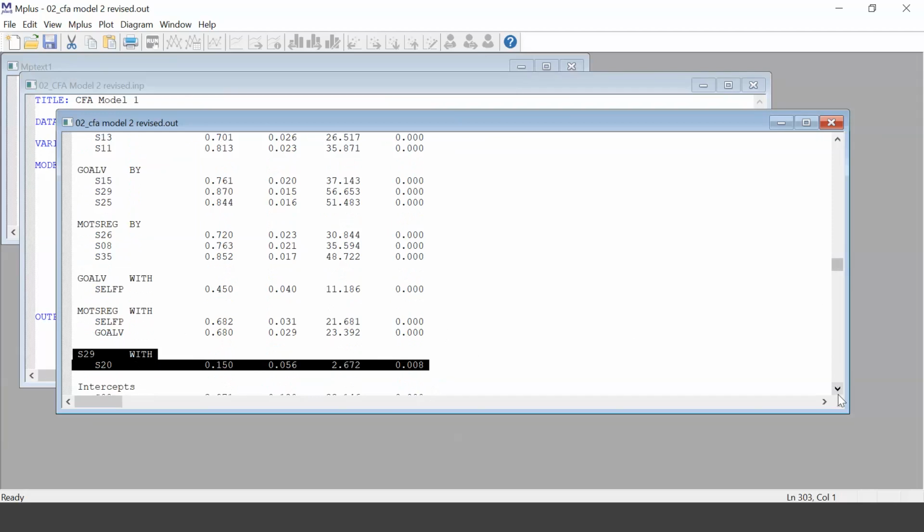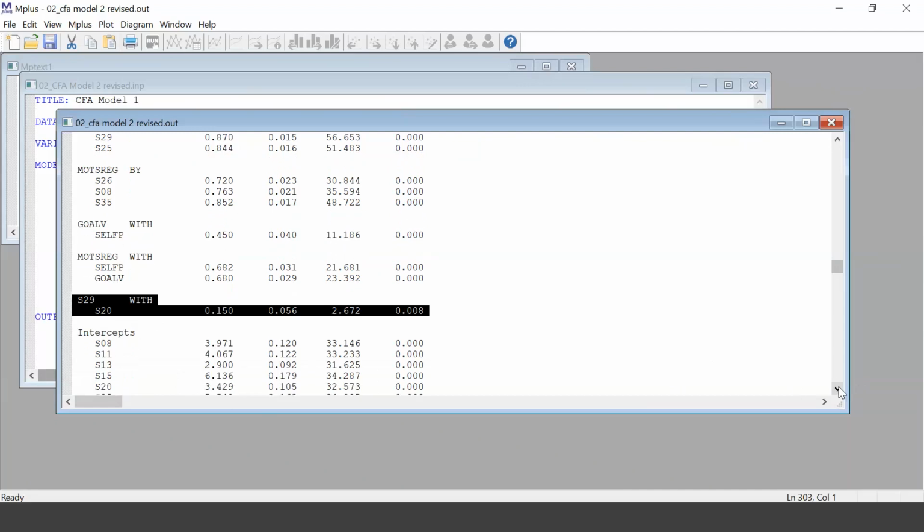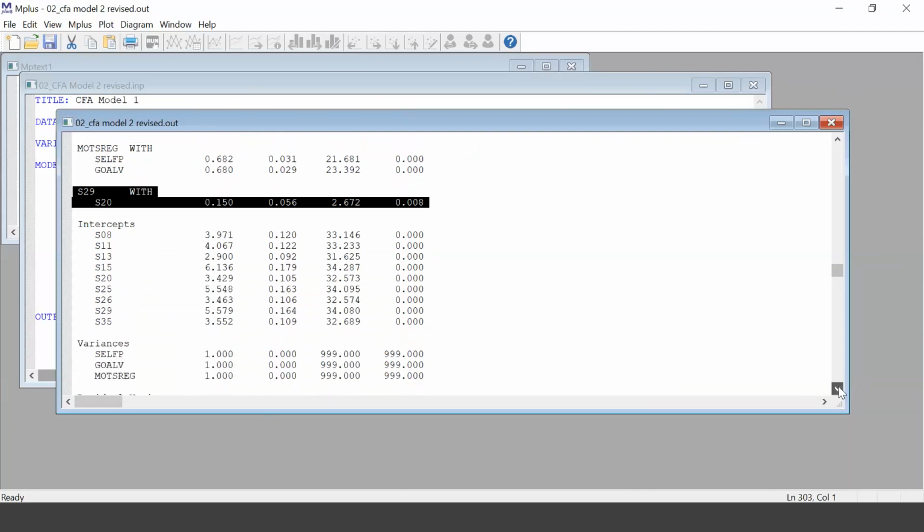What that means is that item 29 and item 20 are more correlated with each other than would be predicted by the factor structure that we've specified, which, given that I said there's very similar wording between the two items, actually makes sense. So there's sort of a method effect here in that the two items have very similar wording. And now I'm taking that into account by allowing these errors to correlate with each other, and so I'm getting a better fitting model.